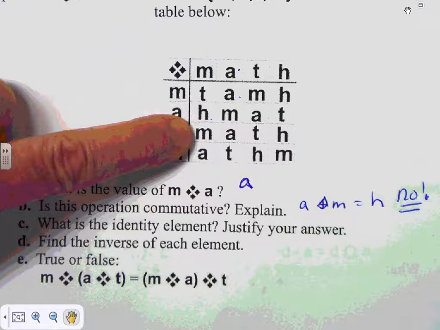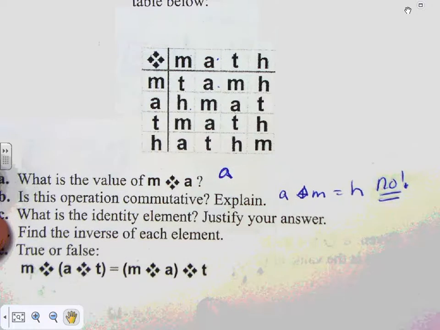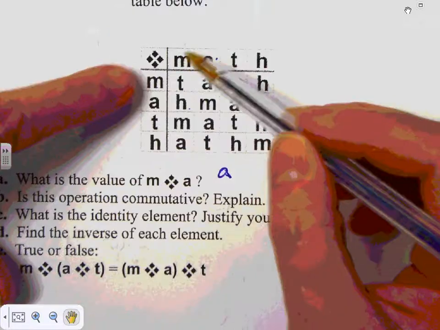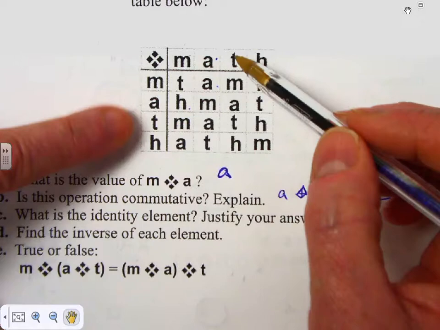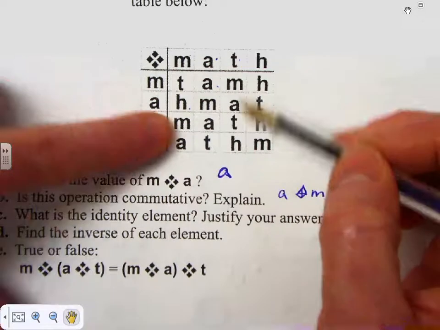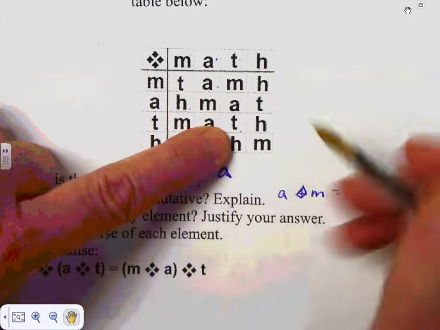What is the identity element? It's T. What you're looking for is when the row and the column make their same letter, when they match. So if I have a T here and a T here, look, it created a T. So T is going to be your identity element.